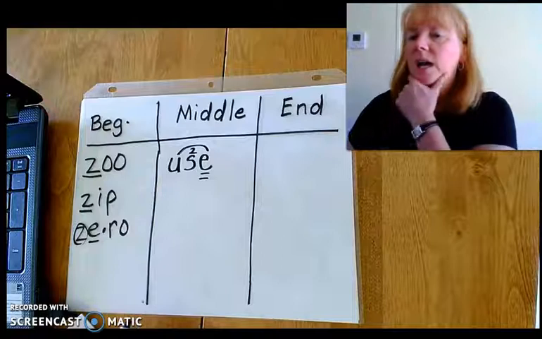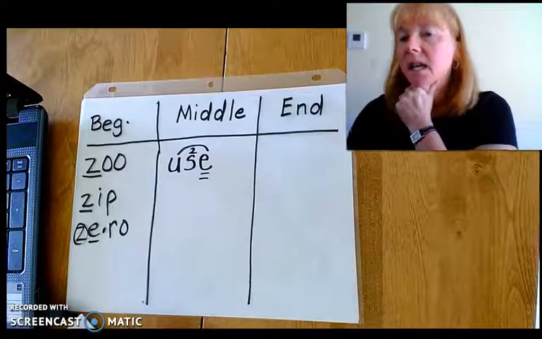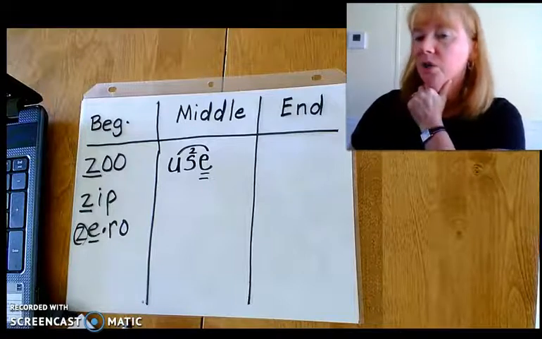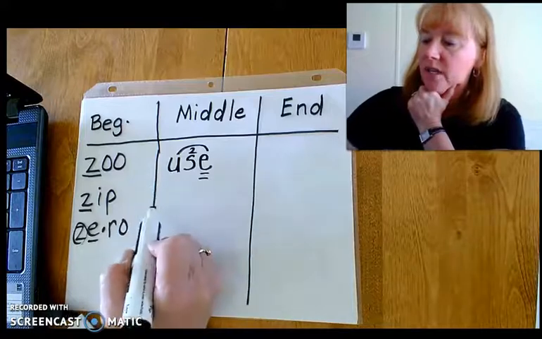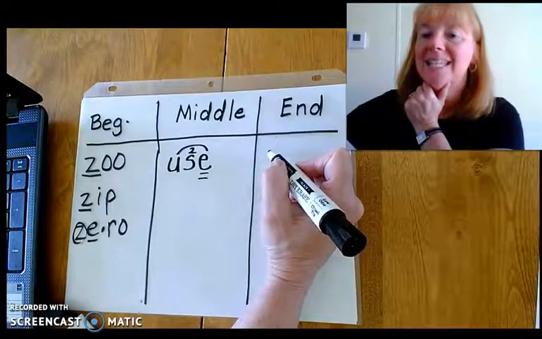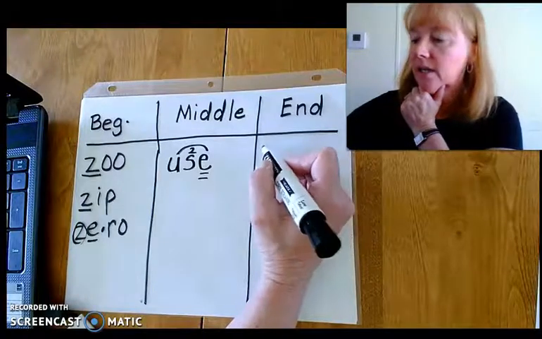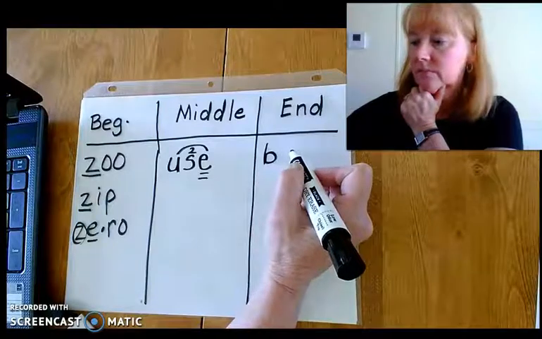And we think of a word that has a Z in the middle. I thought of a word that ends with Z, then we put a suffix on it, which then changes it to the middle. So let's write this at the end first. The word buzz. Buzz. Sound that out and write that. B-U-Z-Z.